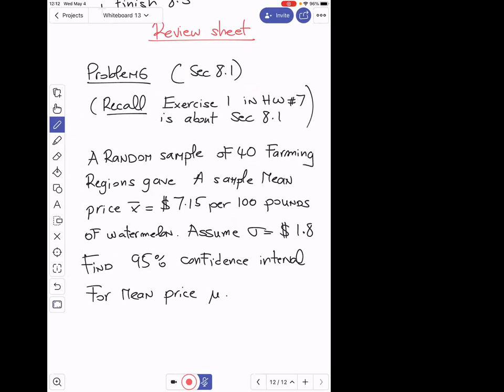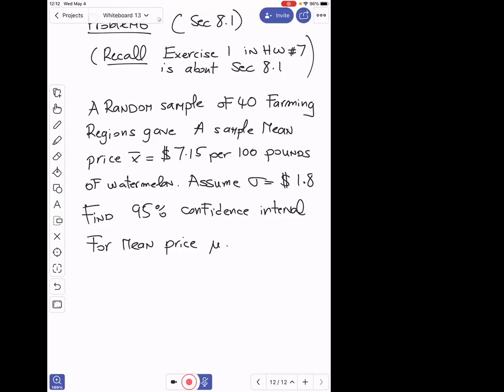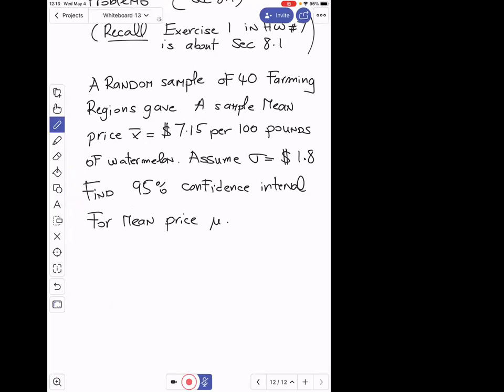Again, guys, as you can see here, this chapter 8 is all about the confidence interval. Whenever you see the words confidence interval in a problem, that will be one of the sections in chapter 8. So the key word here, of course, is confidence interval.